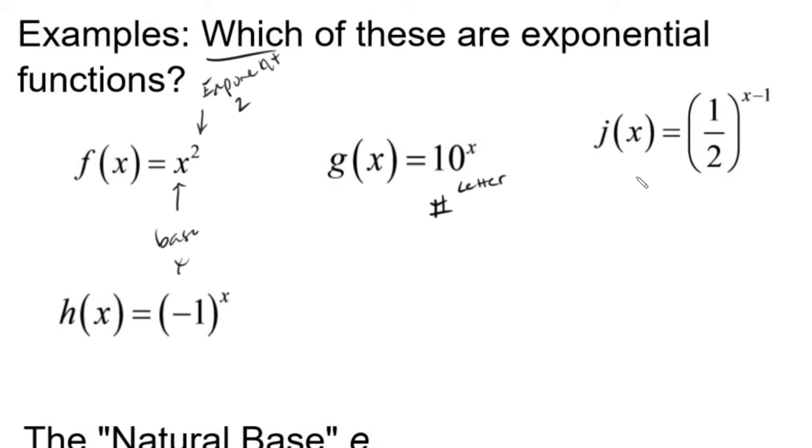The answer is yes, this is an exponential function because you've got a number. The number happens to be 1/2, but that's okay. And then your exponent does have a variable in it, so you're good. So this is exponential. Finally, is this exponential? The answer is no, because the base is negative. So negative base.